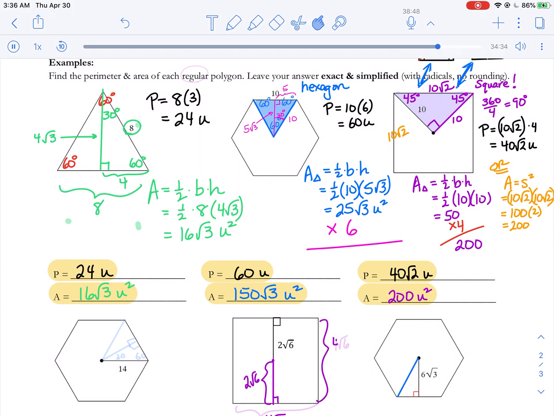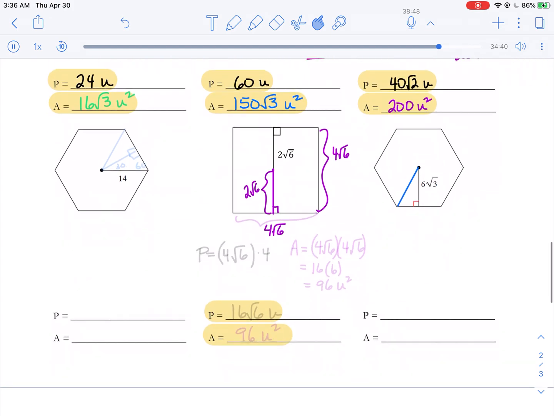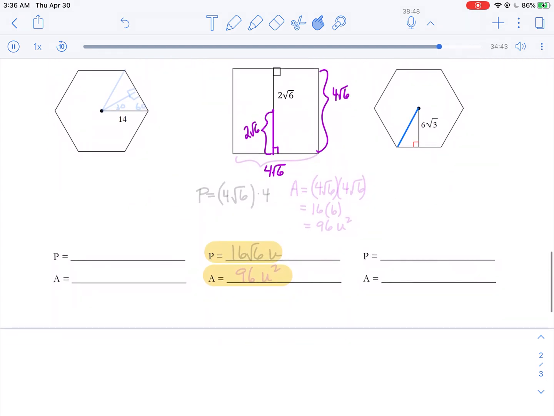Yeah. So on that one, I probably wouldn't even draw in right triangles. I would probably just notice that that's actually half of the side length. The square's the only one that works like that. So what would this side length be? It's a square, right?